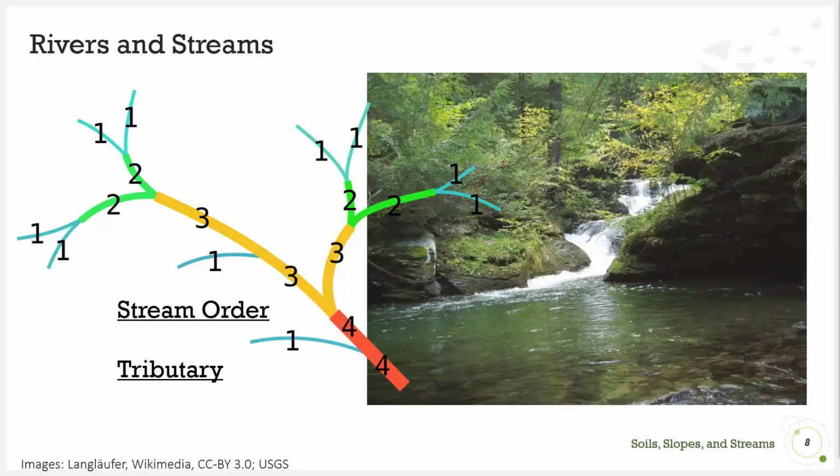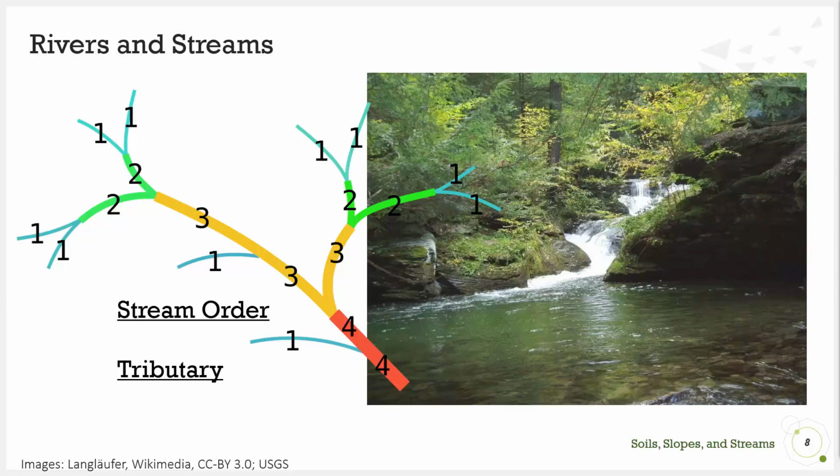Typically, small streams flow into larger streams and rivers, and for example, here we see the Esopus River in New York, with a small tributary entering it. The term tributary isn't size dependent. Large rivers can flow into even larger rivers, and there you still have a tributary of those largest rivers.